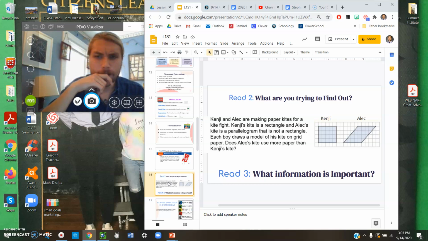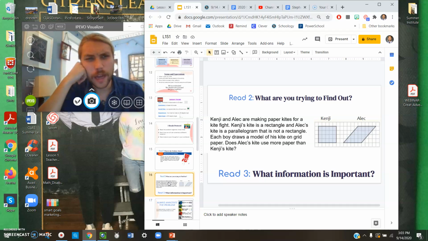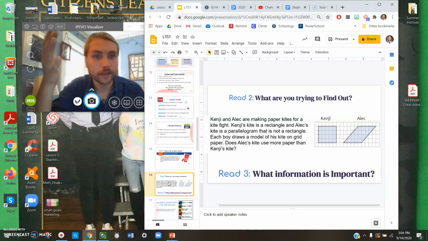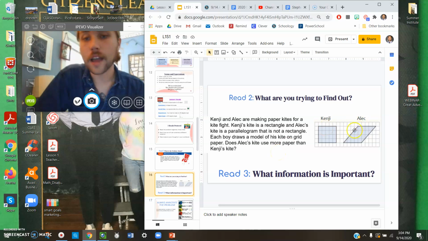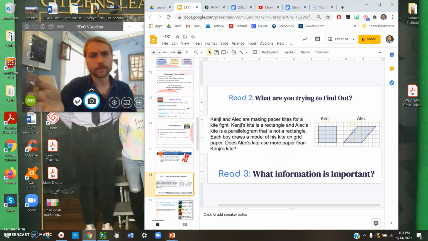Very good. So, does it use more paper? What does that even mean? Does anyone have an idea of what we're talking about if we're talking about using more paper? Yeah, area, right? That was something that we talked about earlier during our vocab activity and our fluency practice. Absolutely, area. How did you know that?